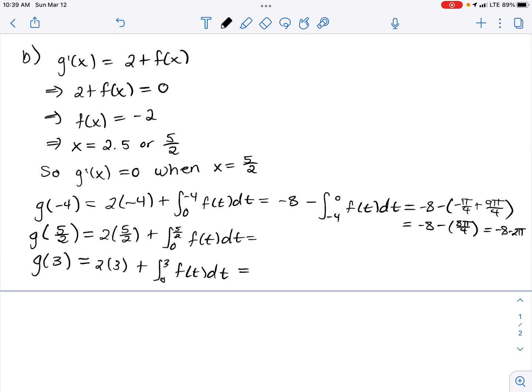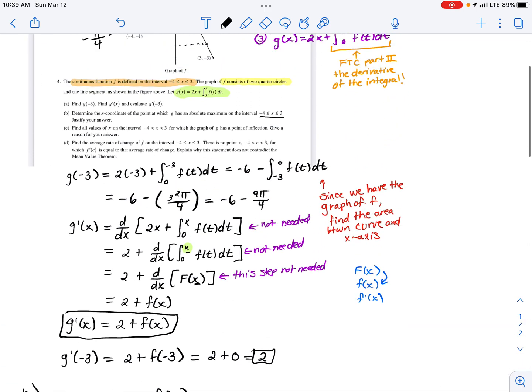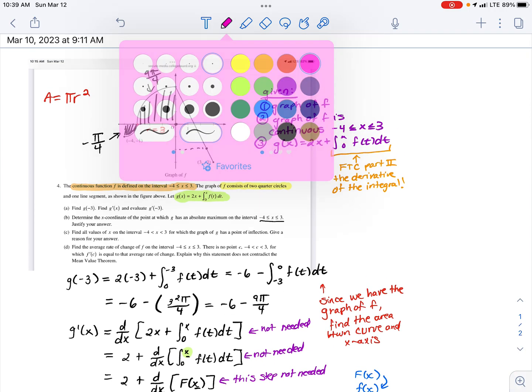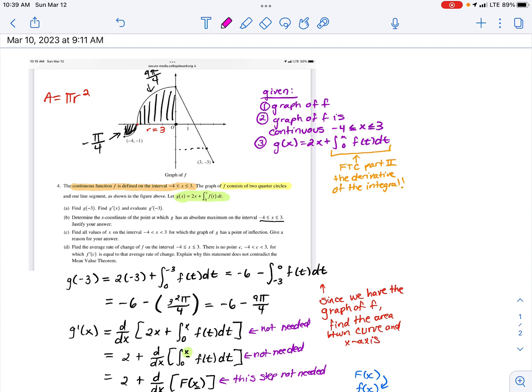So from 0 to 5 halves, now I want to find this area. So from 0 to 1.5, and then going this way, I got to find this area of this triangle. Okay. So let's see. So it looks like I have 2 triangles.